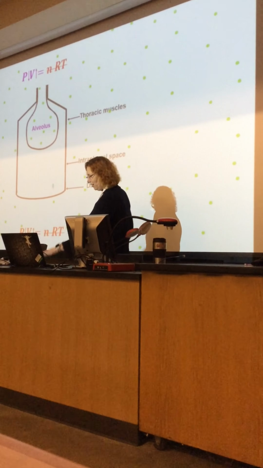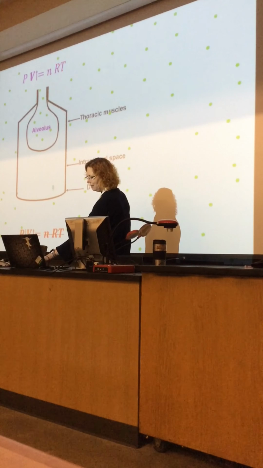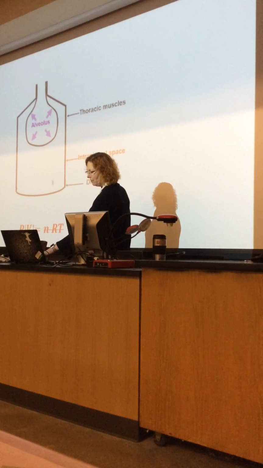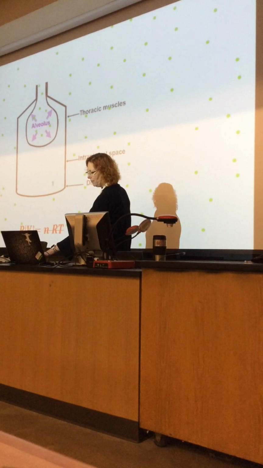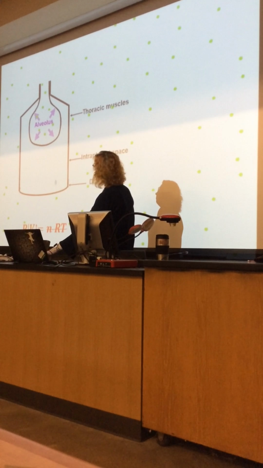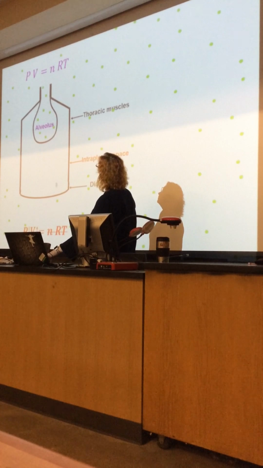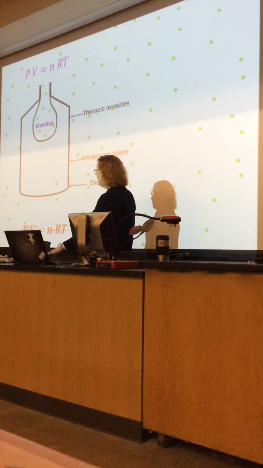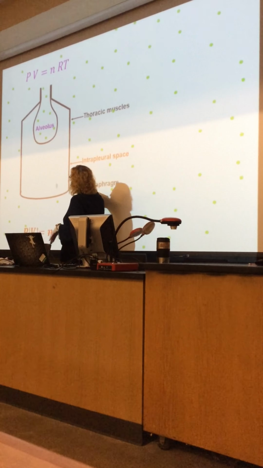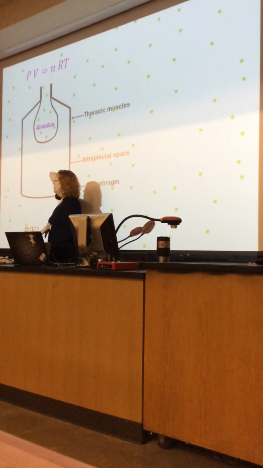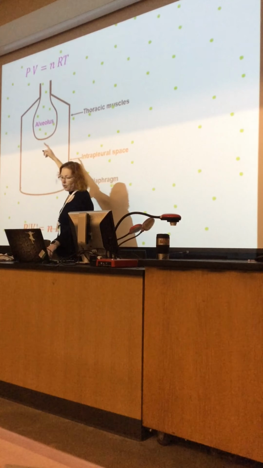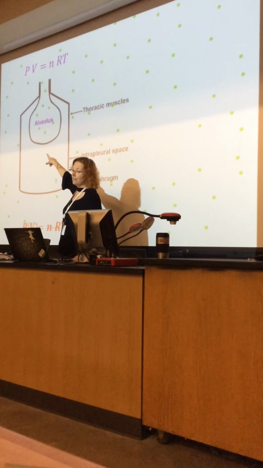Well, hold on, let me go back a minute here. No, not that far. Okay. So, let's start here. I have air in my alveolus, right? My volume here increases, so my pressure here decreases. My pressure here decreases, so my volume here increases.